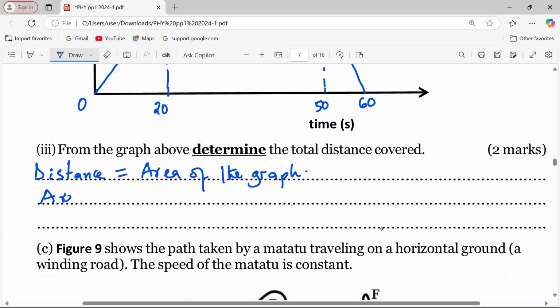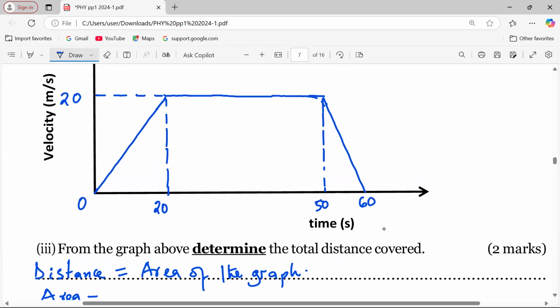This area can be done in alternative ways. We can take the whole area as one shape, which is a trapezium, or we calculate in portions: the first triangle, a rectangle, and the third triangle. Then we add the three shapes.